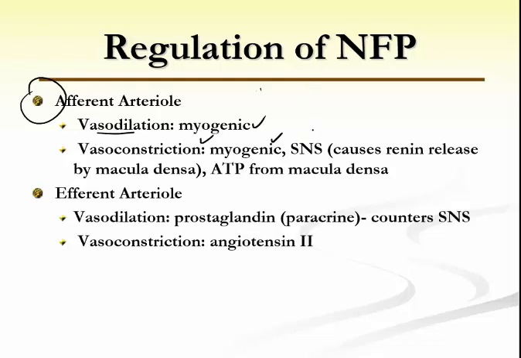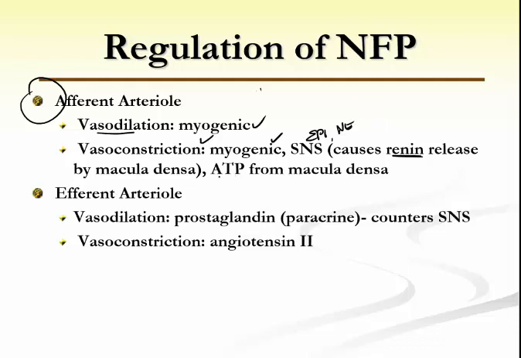Sympathetic nervous system, so epinephrine from the adrenal gland, norepinephrine from sympathetic neurons, as well as from the adrenal gland, can cause vasoconstriction. And can also lead to release of renin from the macula densa, which was part of the juxtaglomerular apparatus.